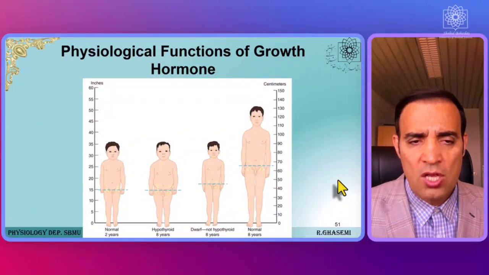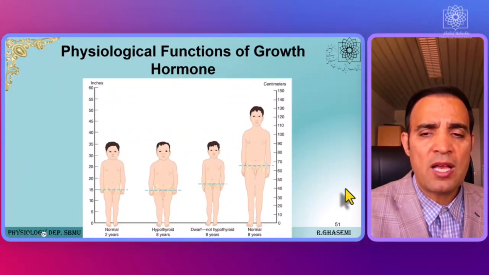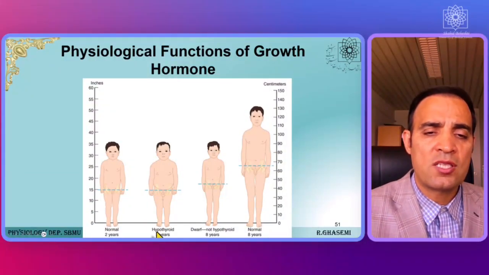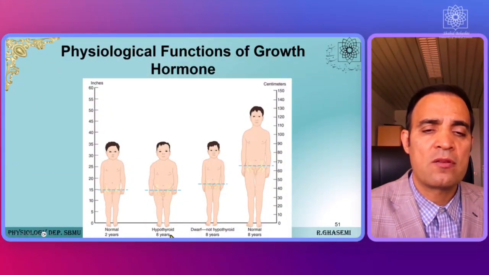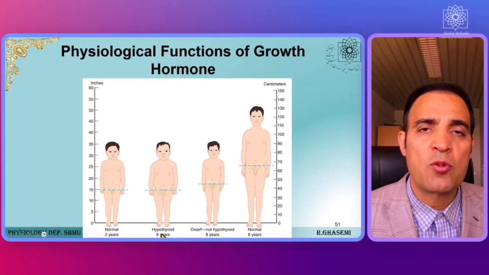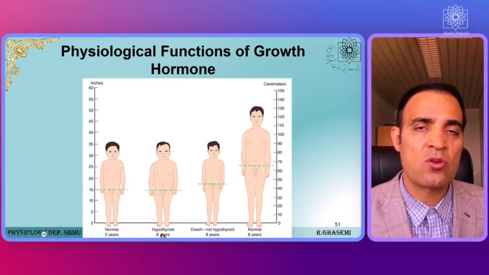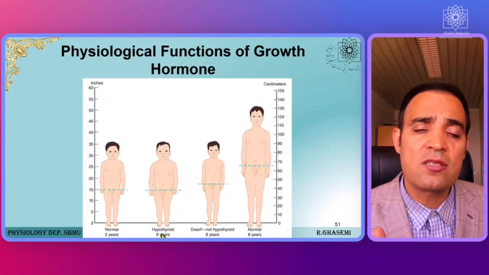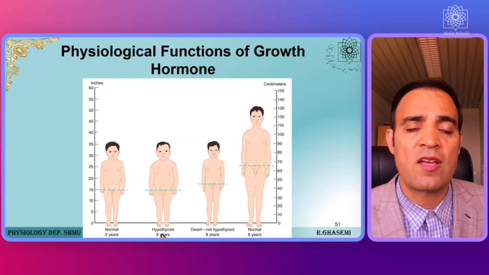This figure shows a normal 2-year-old baby and a normal 8-year-old boy, and as you see, if this boy is hypothyroid, again growth is retarded, even if just the growth hormone is normal and just the thyroid hormone was not available.